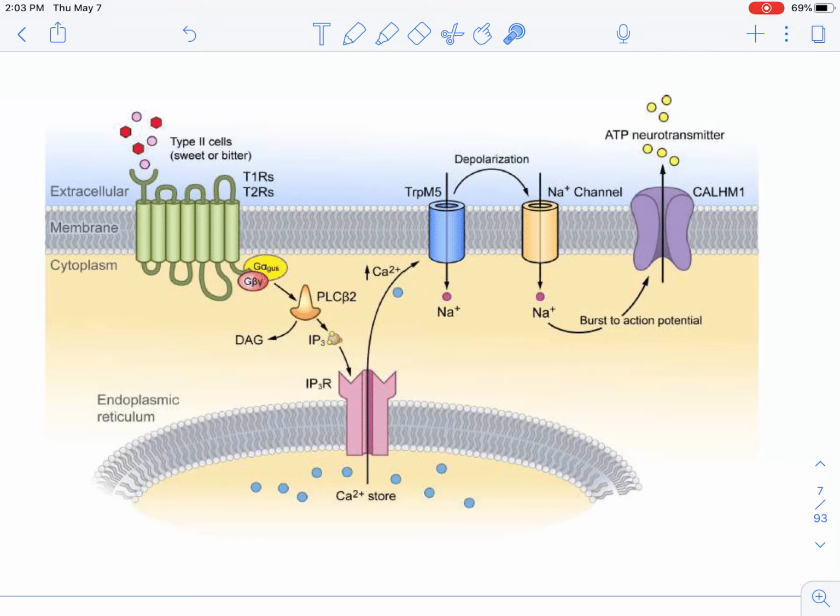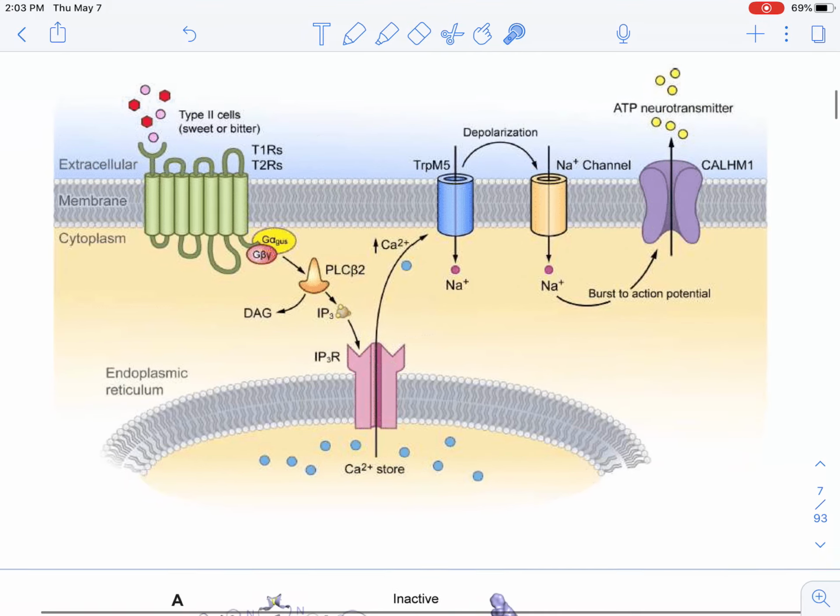So basically we have the propagation of the original signal, which is the presence of the sugar, and the propagation of this neurotransmitter to all these different neurons is eventually going to reach our brain cells, and our brain cells are going to interpret it as sweet.